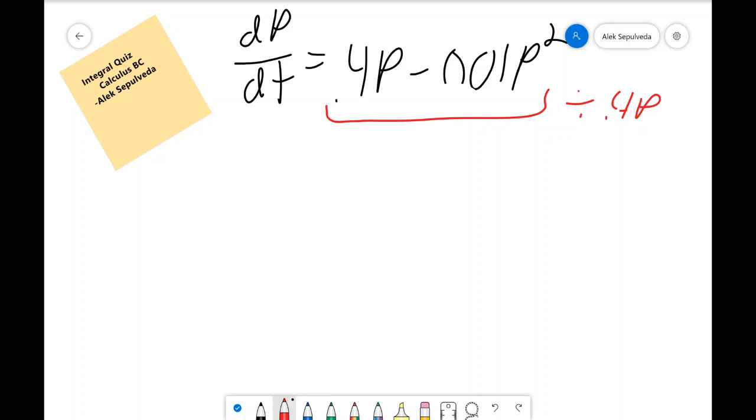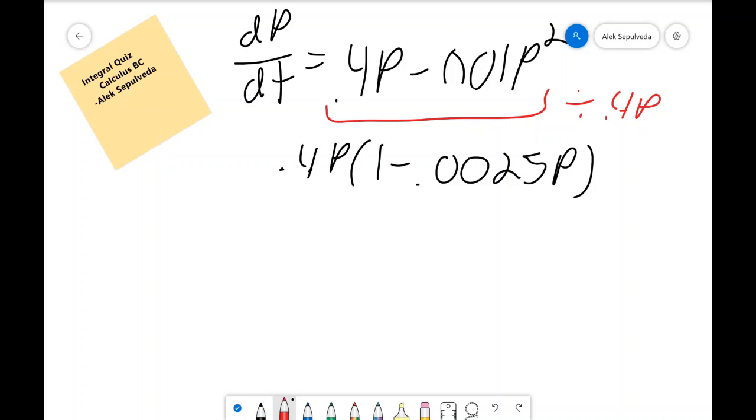By doing this, we end up separating this out to 0.4p outside of 1 minus 0.0025p.